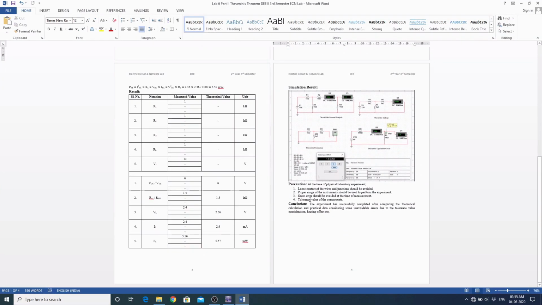So at the end we can say that the precautions should be taken care of by the student while performing in the physical trainer kit.